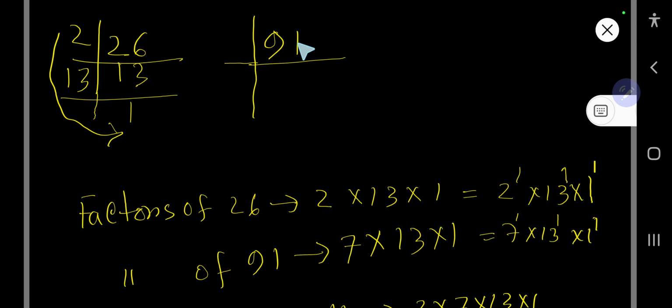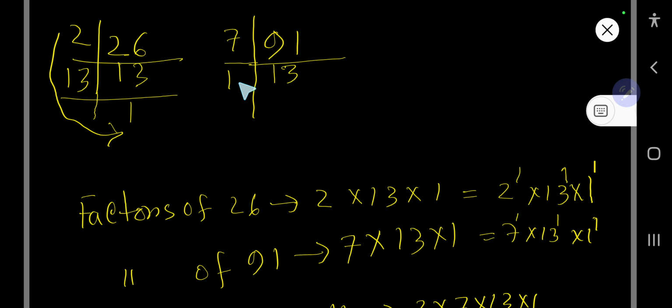For 91, it is an odd number, so it is not divisible by 2. So let's start with 3. 3 cannot divide it without remainder. Even 4, 5, 6 cannot divide it, so it can be divisible by 7. 7 goes into 9 once, 21, that is 13.